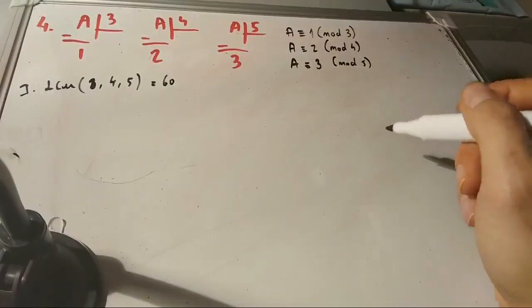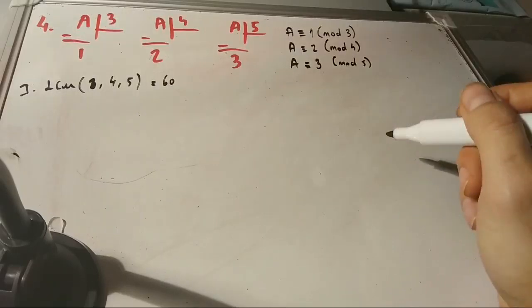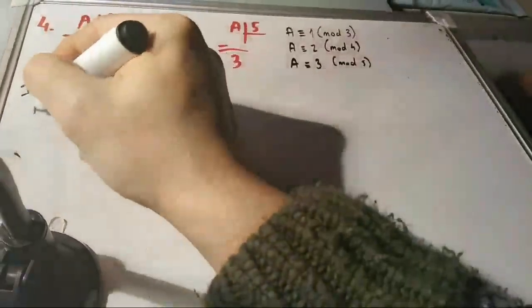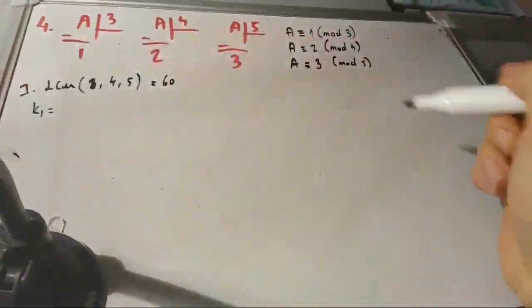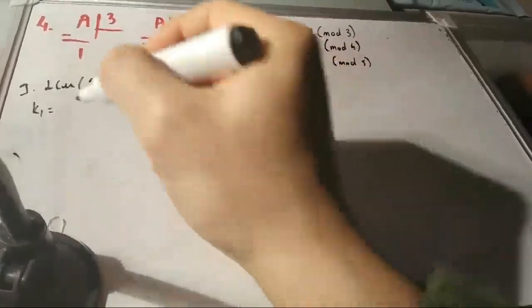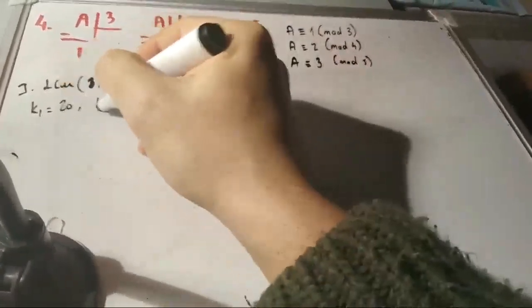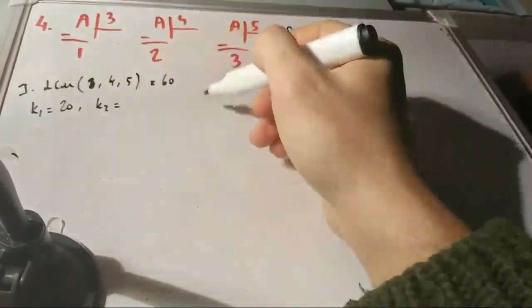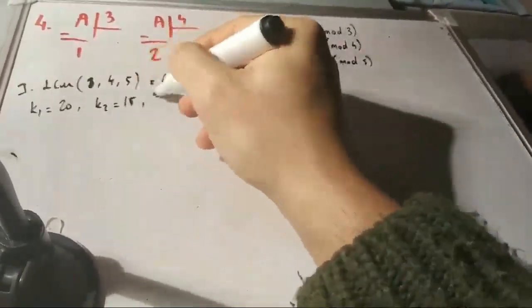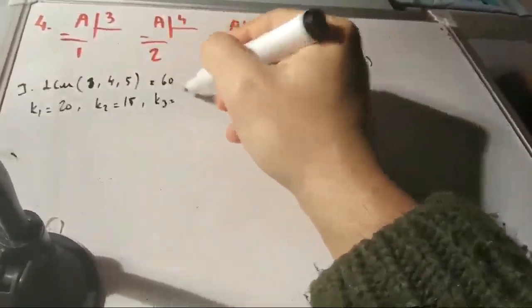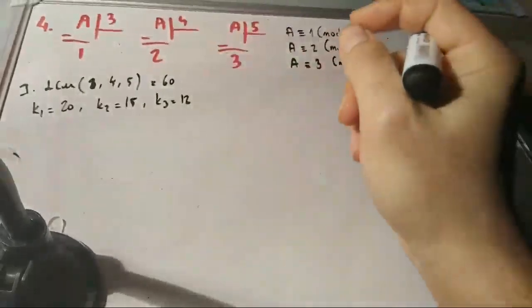And from here, we are trying to get K1, K2, and K3. So K1 is equal to 60 over 3, which is 20. K2 is equal to 60 over 4, which is 15, and K3 is equal to 60 over 5, which is 12.